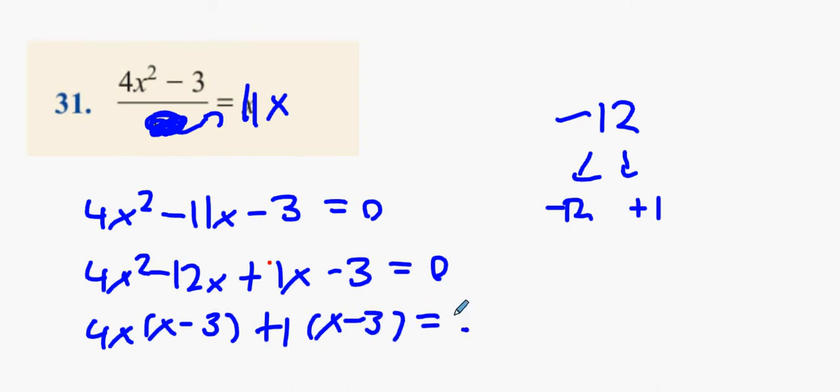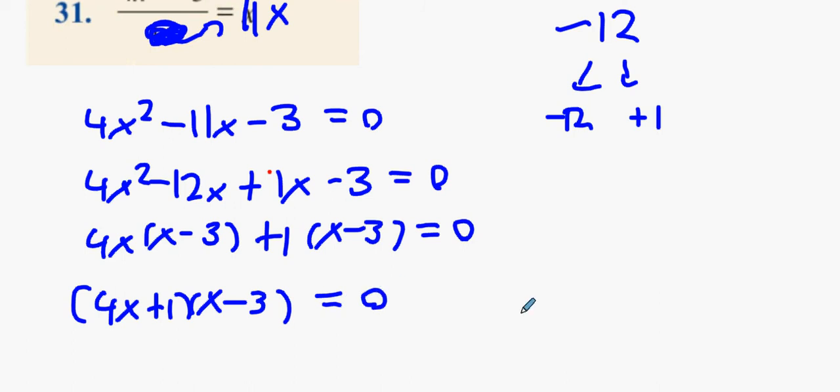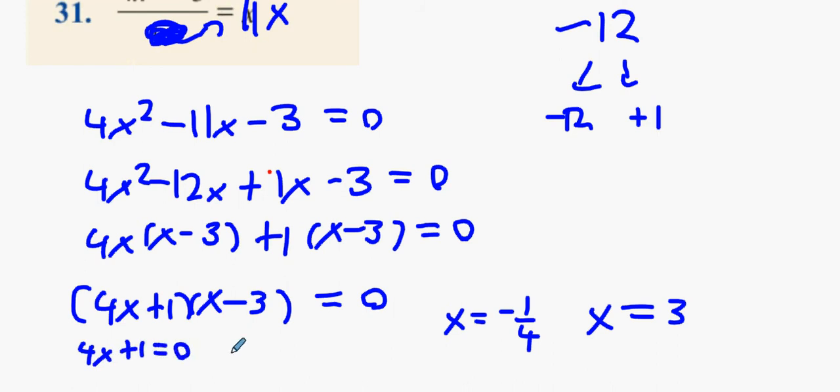You should get x equals 3 and x equals a quarter using the usual method. Okay, I'm just going to save a bit of time here. You'll end up with x equals 3 and x equals minus a quarter when you're done.